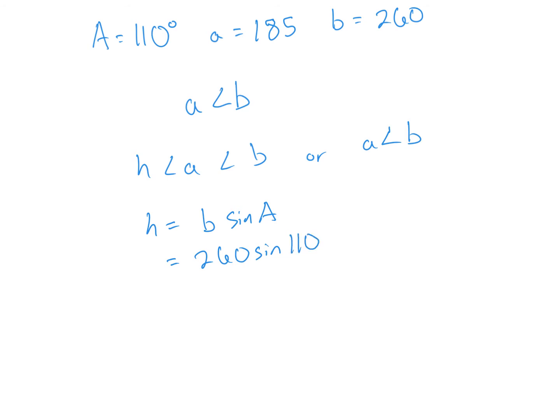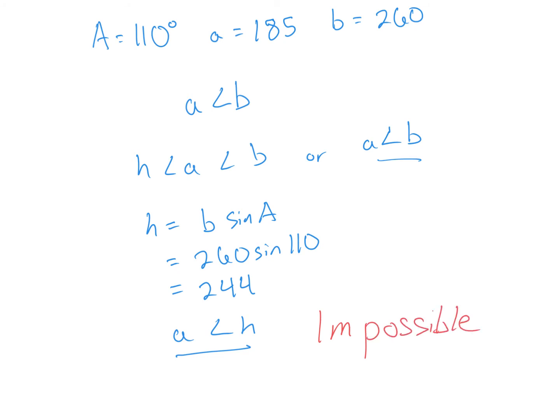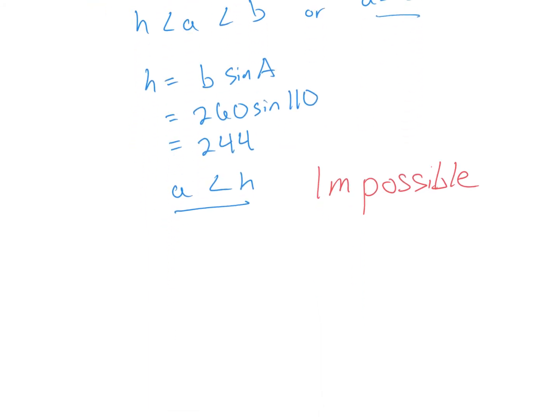I plug that into my calculator, and I get 244. A is then less than H. So A is less than B and less than H. It is impossible to get a triangle with these number combinations because A cannot be less than both B and H. Let's try a different one.